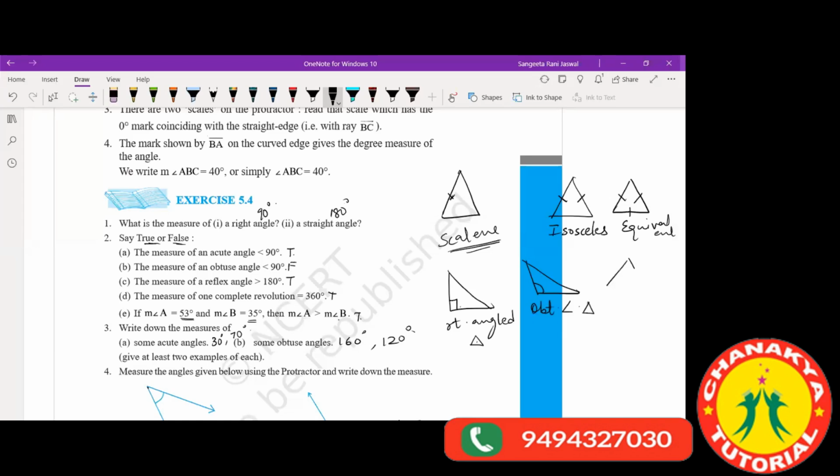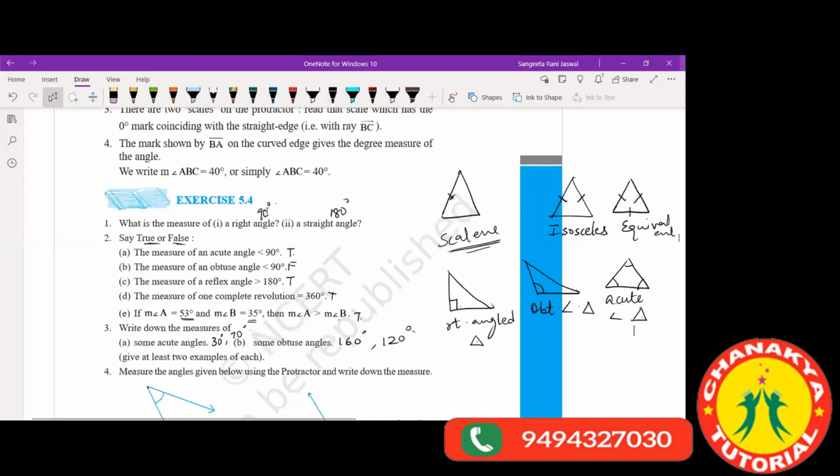And if one angle is an obtuse angle, we call it an obtuse angled triangle. If all three angles in a triangle are acute angles, then we call it an acute angled triangle, right? Good, beta.